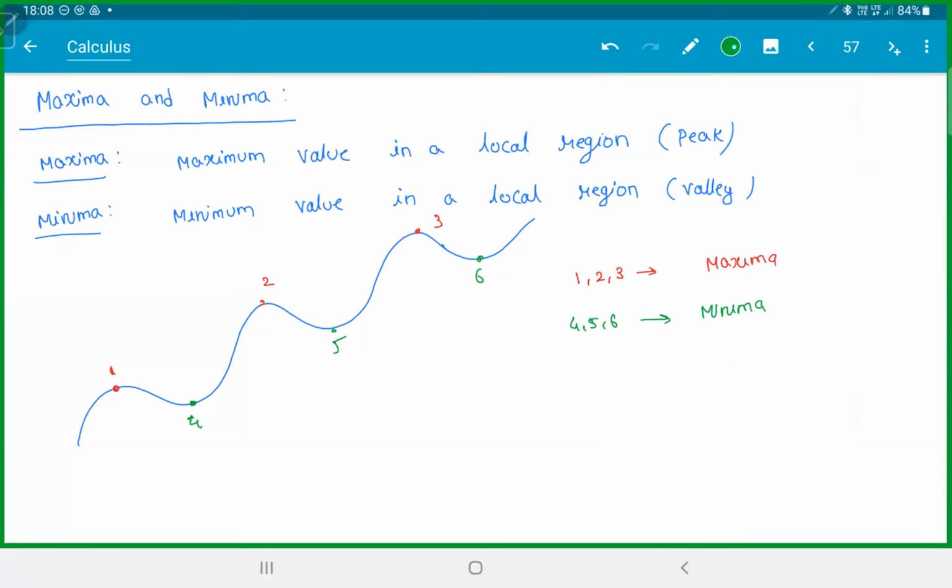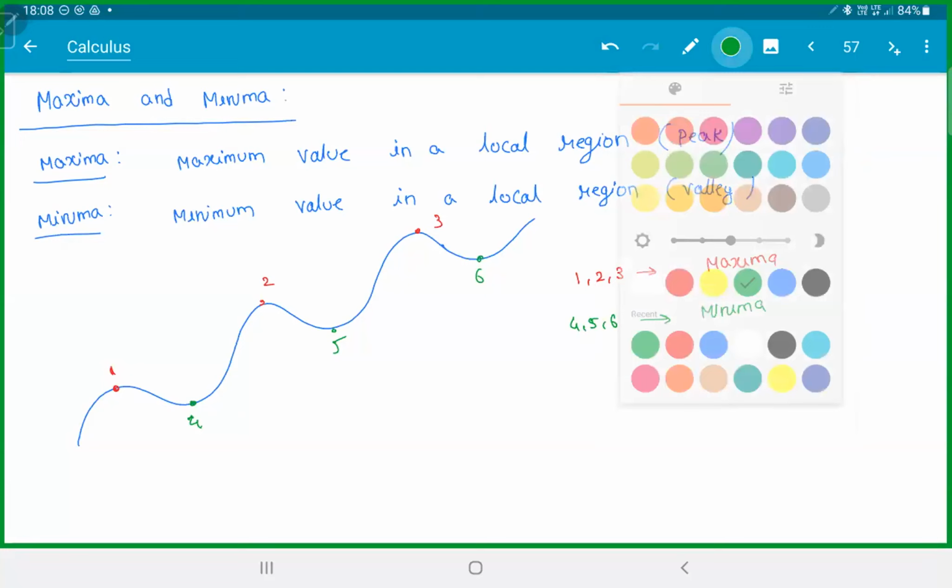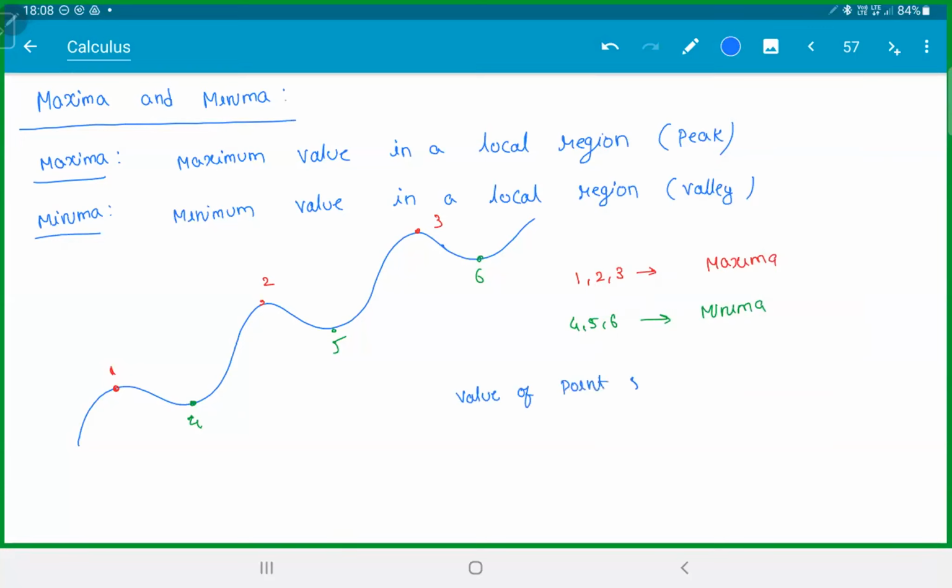And if you notice something here, the value at point 5, which is actually a minima, is greater than the value at point 1, which is a maxima. That's why I said maximum value in a local region. I never said it is an overall maxima. So maxima does not mean maximum, minima does not mean minimum. But in physics 11th and 12th, generally it works out. So just keep that in mind.